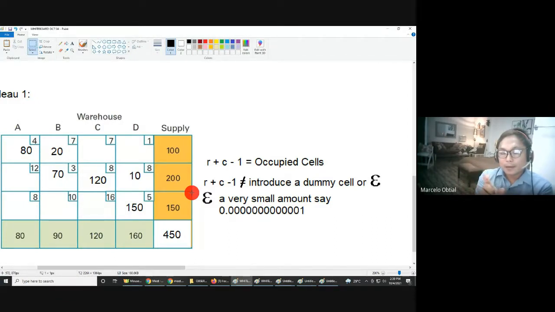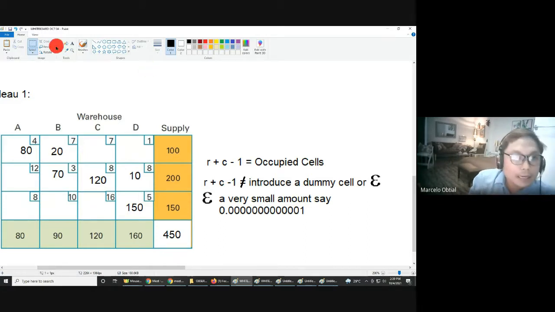Kapag ganun ang situation, R plus C minus 1 is not equal to the occupied cell, so you need to introduce a dummy cell or epsilon. Epsilon means a very small amount, say 0.00001. So para malagyan nyo lang siya ng isang cell dyan at makaikot lahat or makagawa ng closed path. That's the importance of the epsilon.